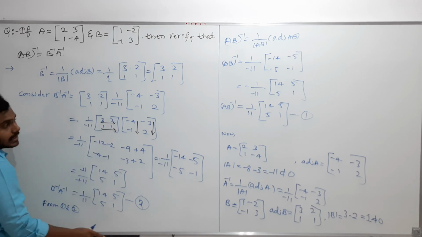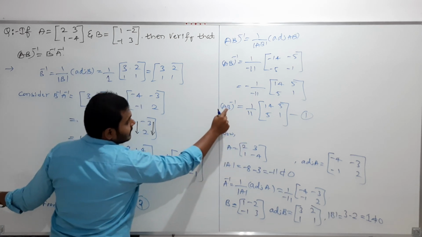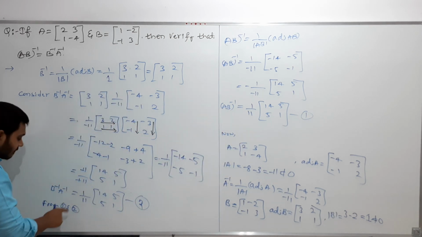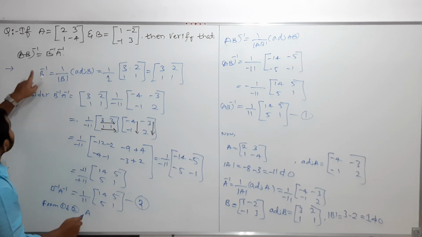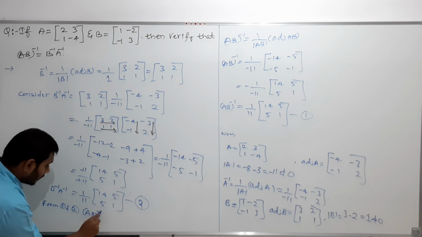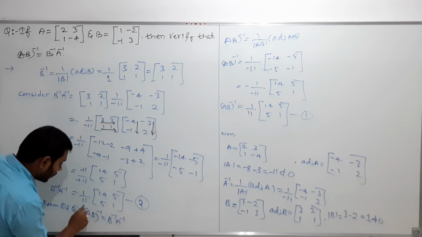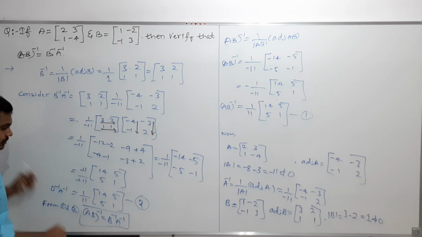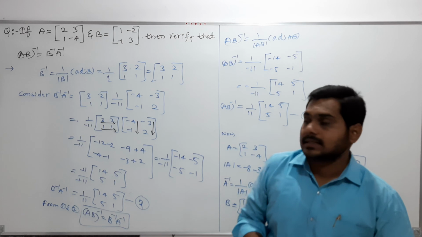Since both values are same, from 1 and 2 what I conclude here is AB whole inverse is equal to B inverse into A inverse. So this is what they asked you to prove, and I proved it here.